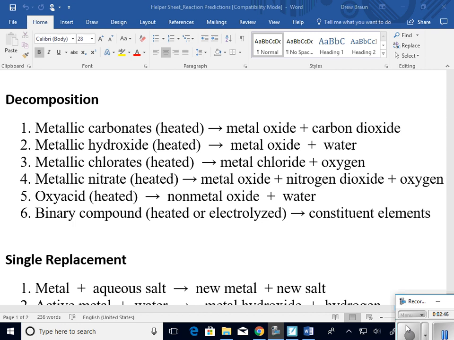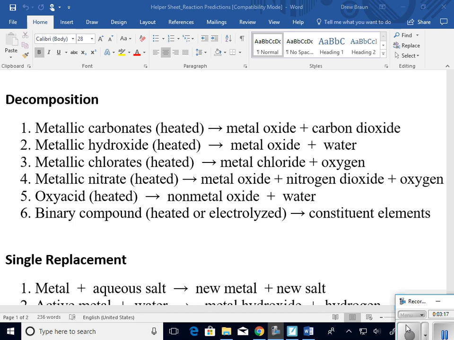I think it was the percent composition lab, where we put potassium chlorate into a crucible, heated it up. We had to vent it so the oxygen could escape, and then we had potassium chloride left in our crucible. So you've actually already done this in the lab, but you didn't know that you were doing it yet.